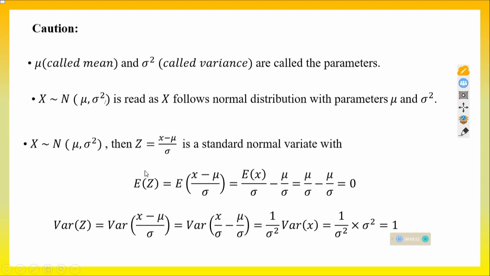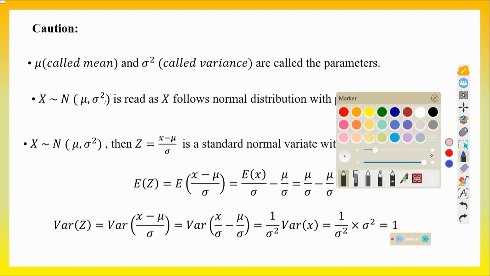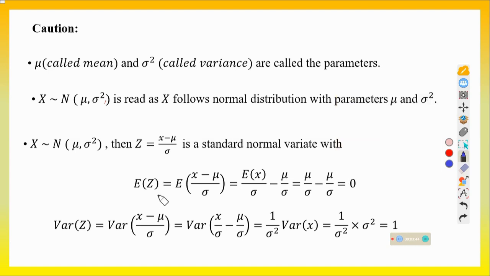Because when we get the expectation of z, or the mean of z, we can easily see that it is the expectation of x minus mu divided by the standard deviation.